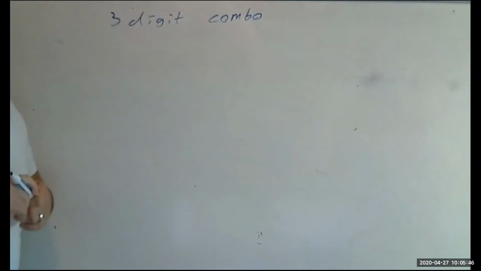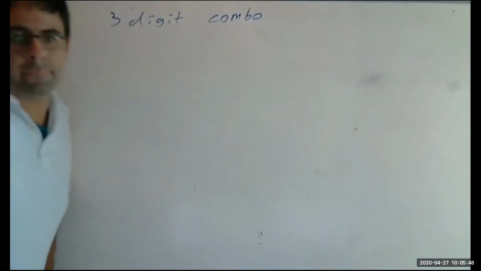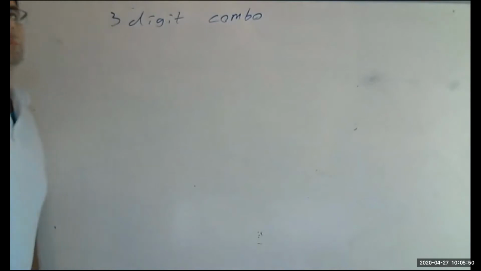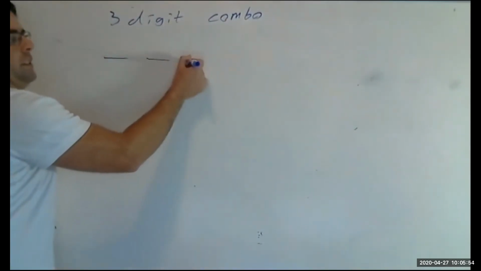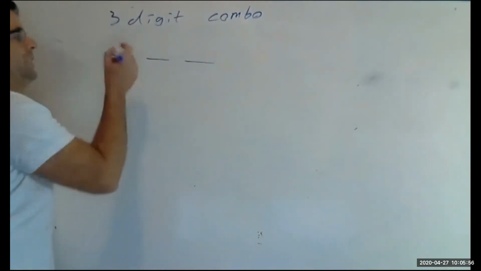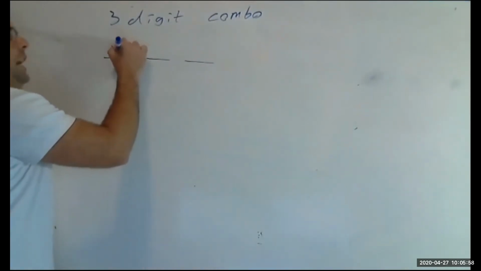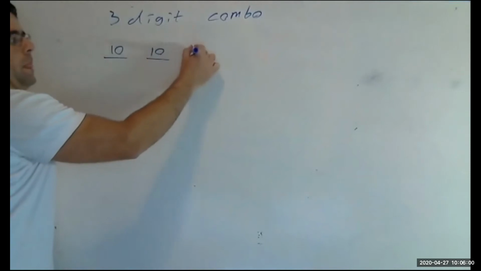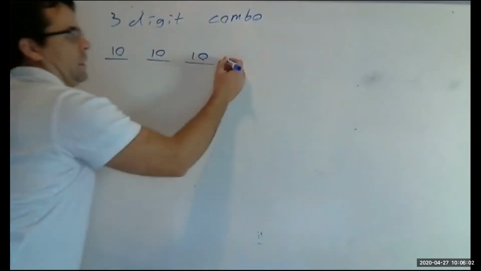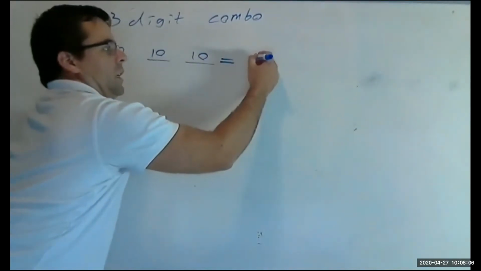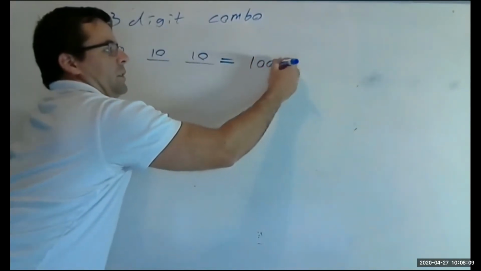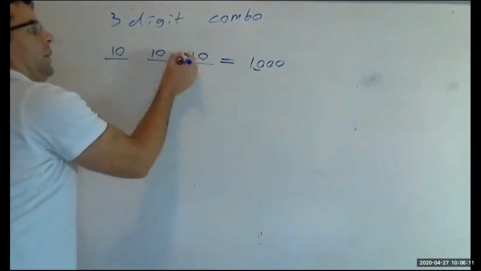How do we figure that out? So there's 3 digits, so we have 3 places, and each thing has 10 possibilities. So that equals 1,000. Multiply all those together.